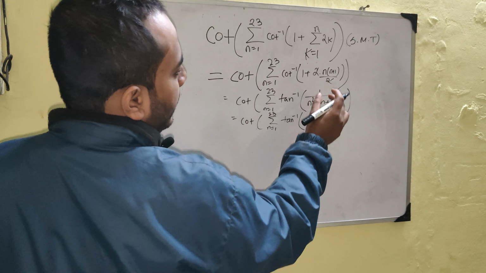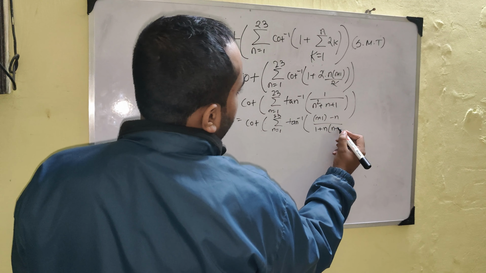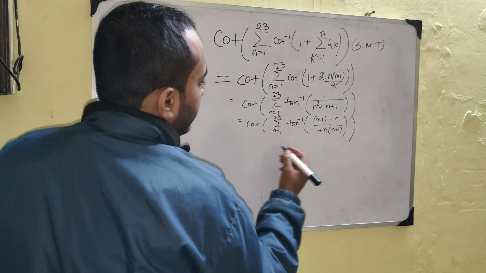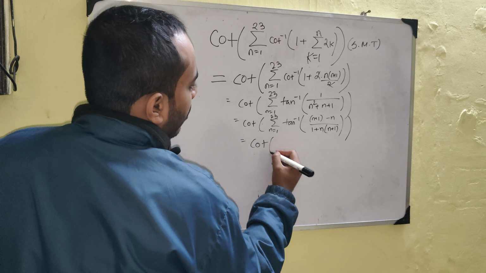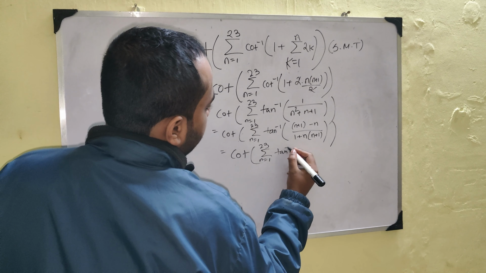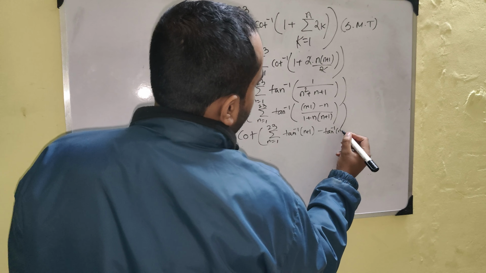Now, tan inverse of this can simply be written as tan inverse of (n plus 1 minus n), with the numerator being basically n plus 1 minus n, which is 1, and the denominator as 1 plus n into n plus 1. If you remember, this is the formula for tan inverse of a minus b, correct? So this would simply give you cot of summation n equals 1 to 23 of tan inverse of n plus 1 minus tan inverse of n.